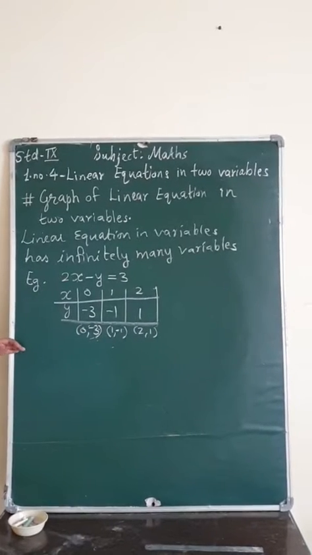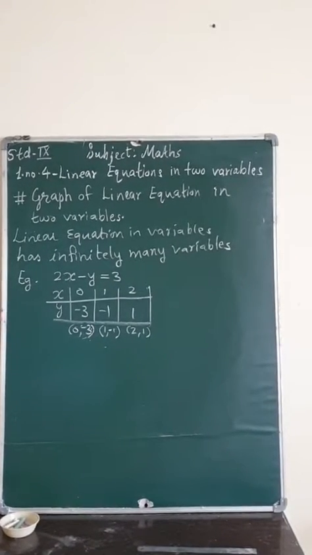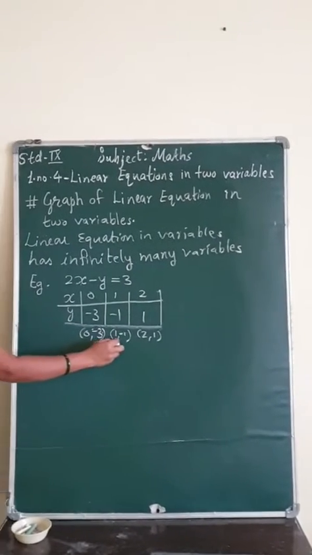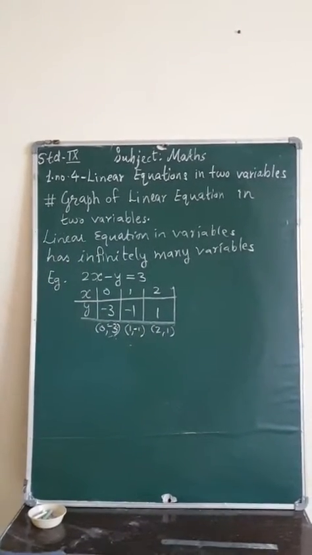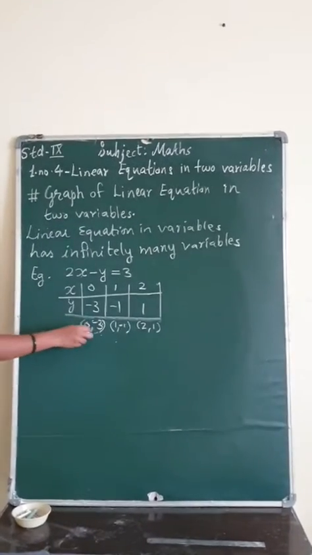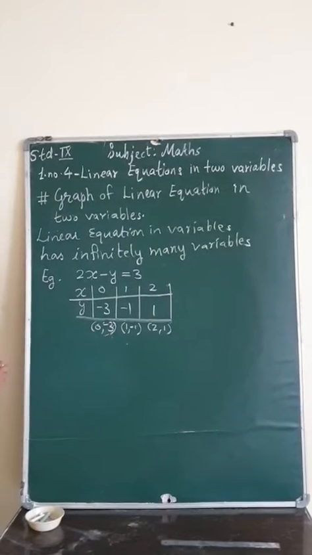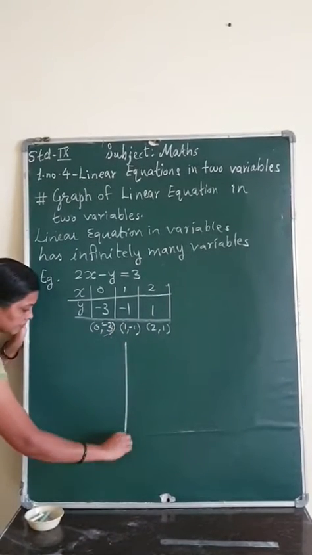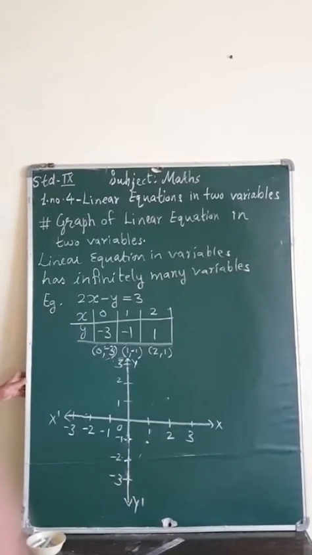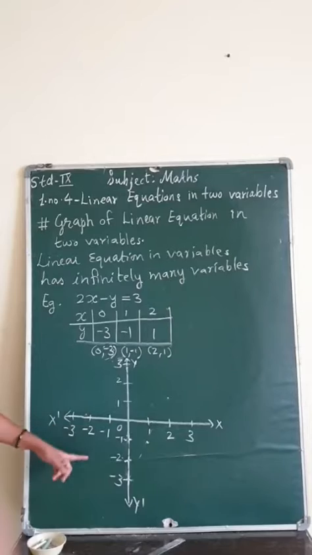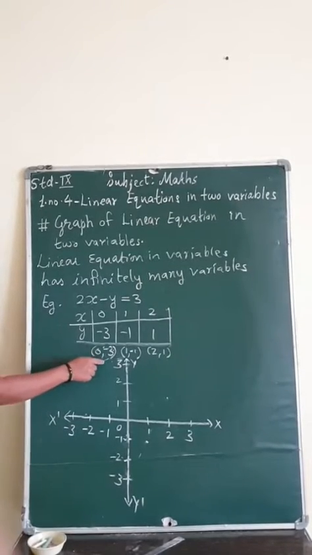Now, you have learned in coordinate geometry in the previous lesson how to plot points with x and y coordinates on the coordinate axes. So we are using that concept to plot these points. Here I have drawn a coordinate plane, the xy plane, and now we are plotting the points.